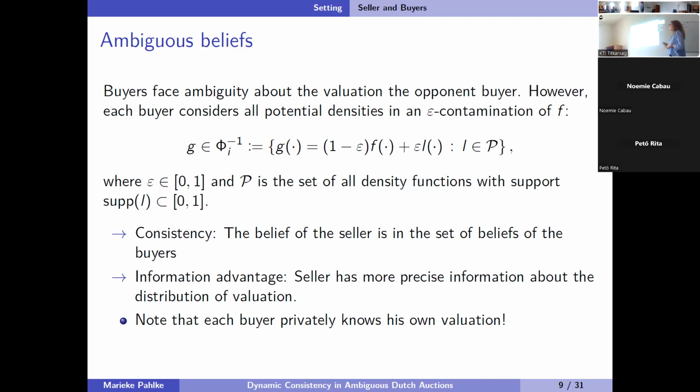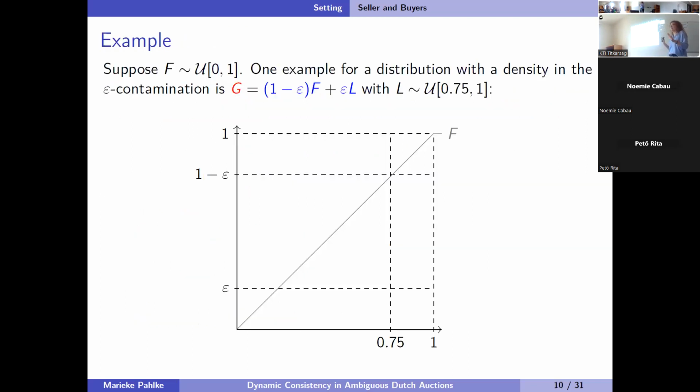Okay. Let me give you an example just to make this a little bit more clear. Suppose the true distribution is just uniform 0 to 1. If we multiply this by 1 minus epsilon, we just get this. Now let's suppose we choose one L, which is just the uniform distribution on 0.5 to 1.